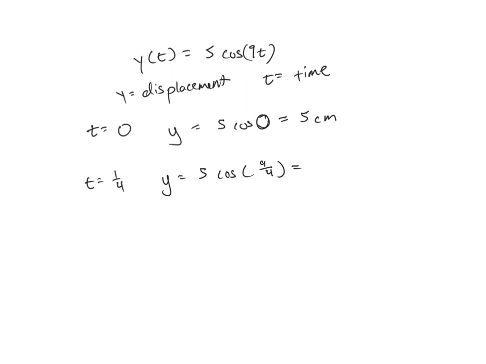Punch that into my calculator. Okay. 5 cosine 9/4. Be careful when you're doing this that you switch your calculator.